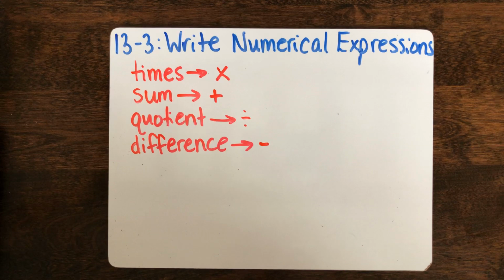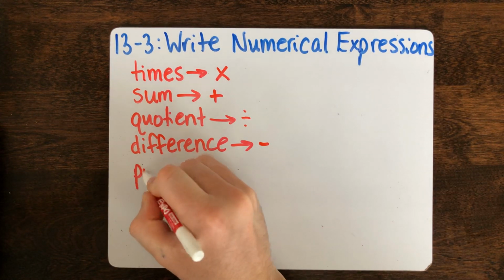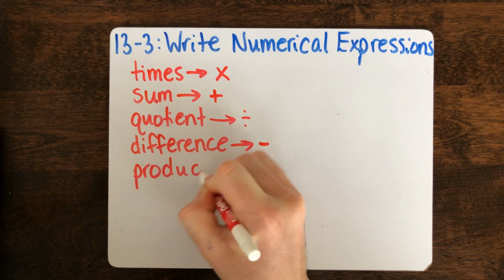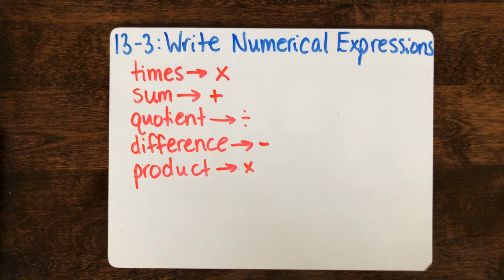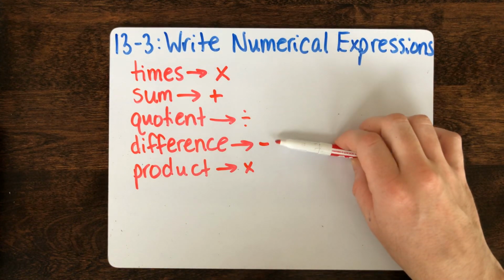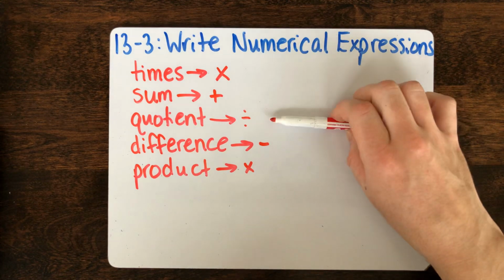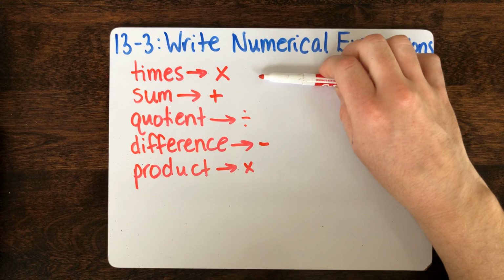If I were to say find the product of 7, 10, and 12, that means I'm multiplying 7, 10, and 12. All right, those are the real basics. Difference is subtraction, product multiplication, quotient division, sum addition, times multiplication.